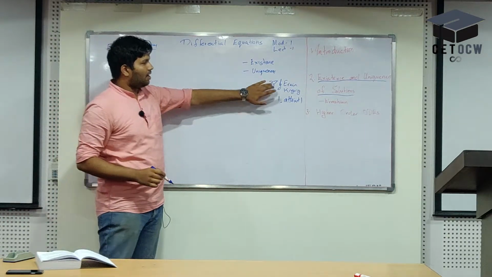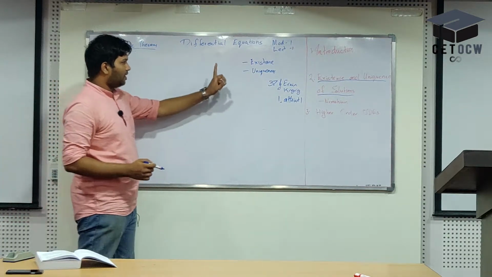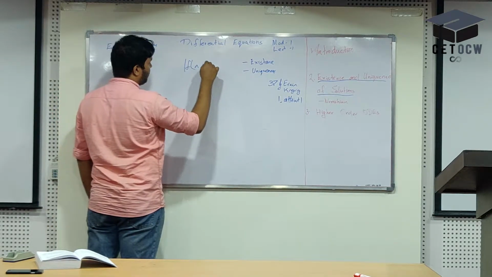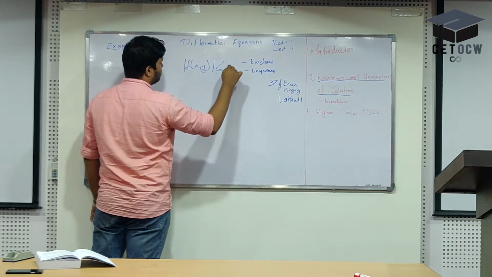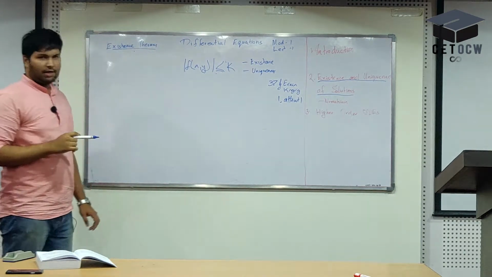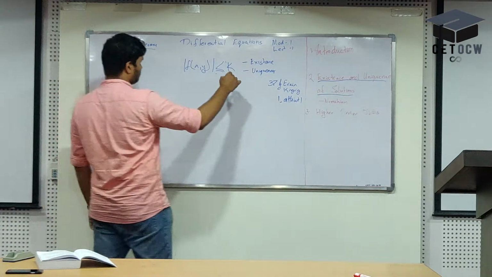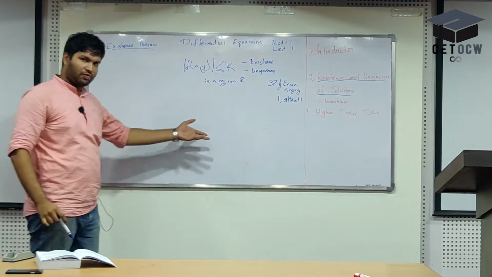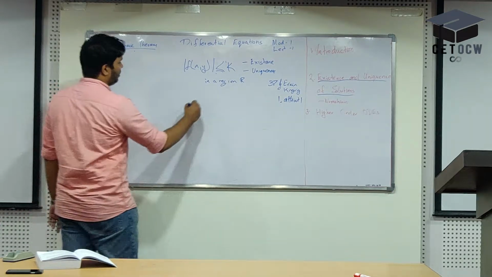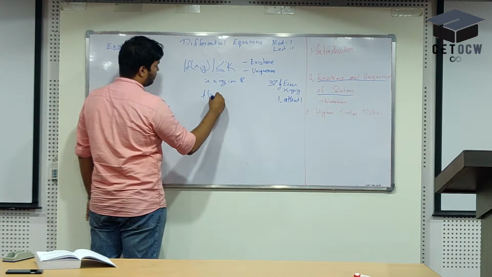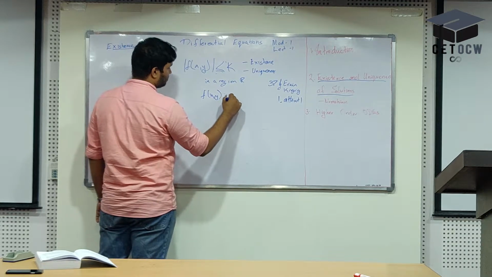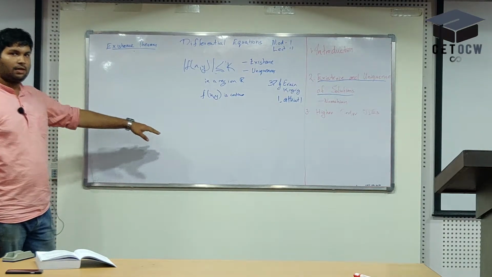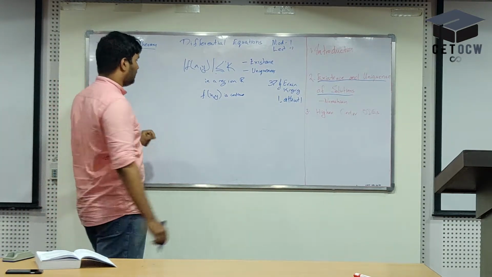Along with our constraints for the existence theorem, that is modulus of f of x comma y is bounded in a defined region R, that's the rectangle I drew before, and f of x y is continuous, we'll add one more criterion to this.